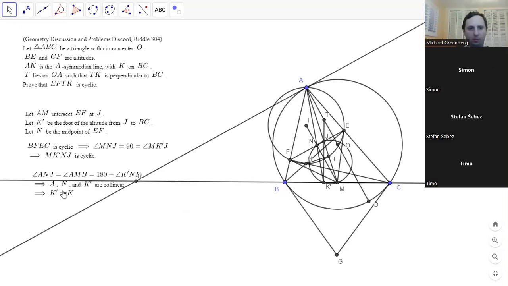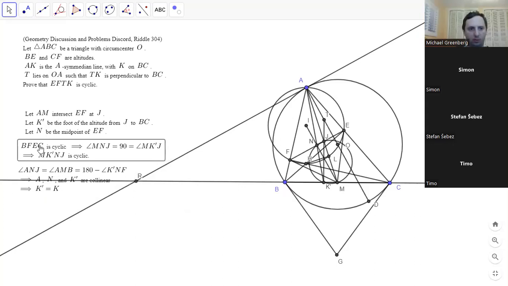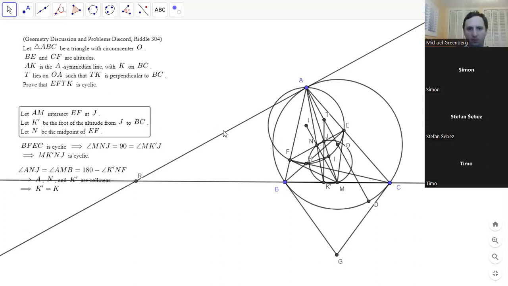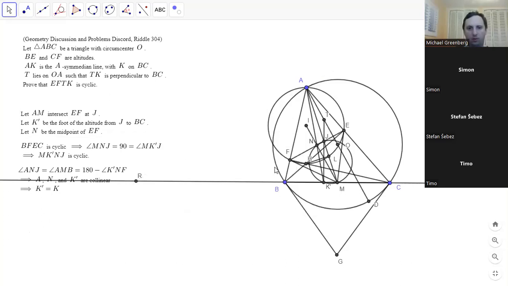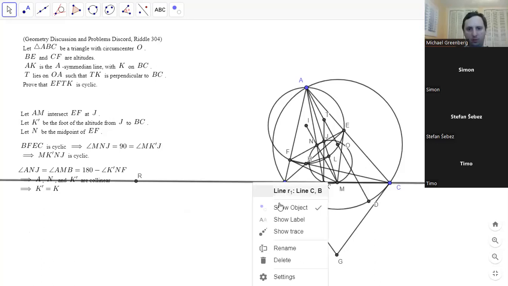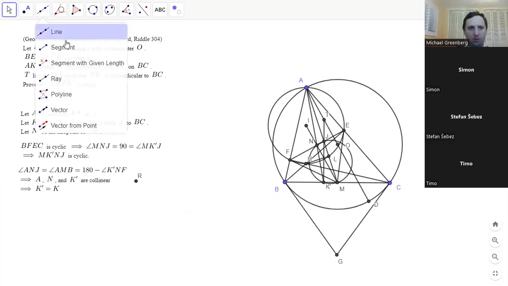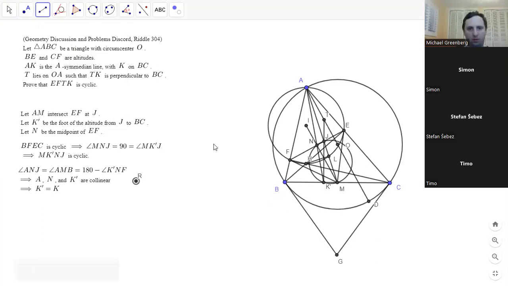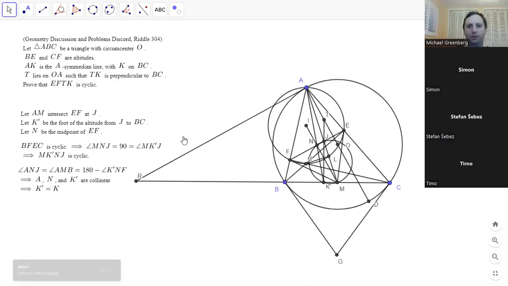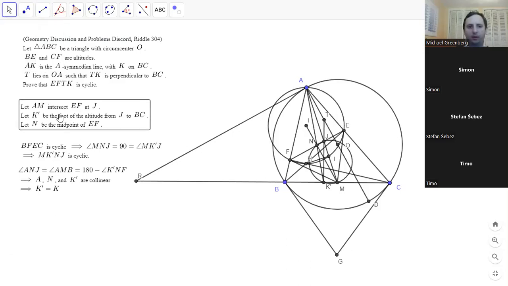All right. And now we know that BC is the exterior angle bisector of AK'L. I think we proved this before. Yeah, we proved it using harmonics and stuff like that.